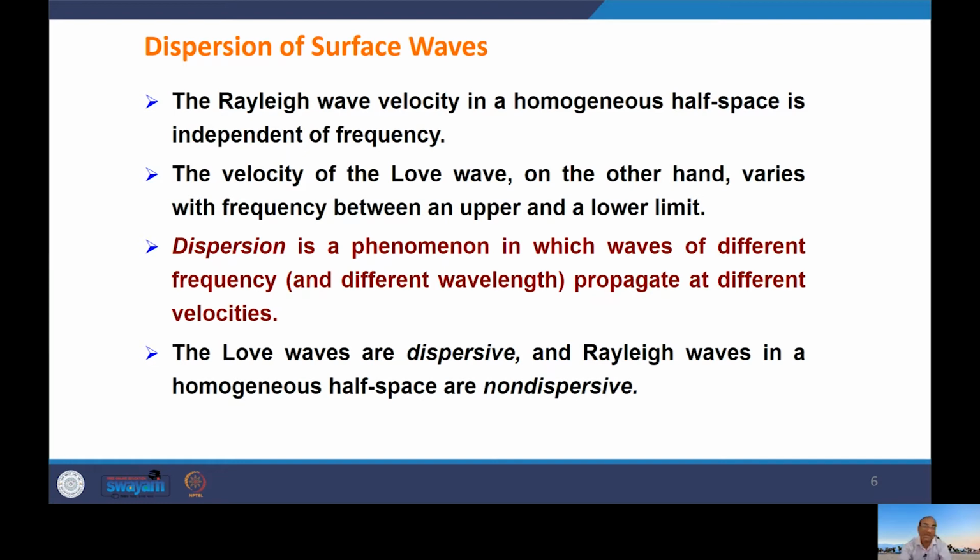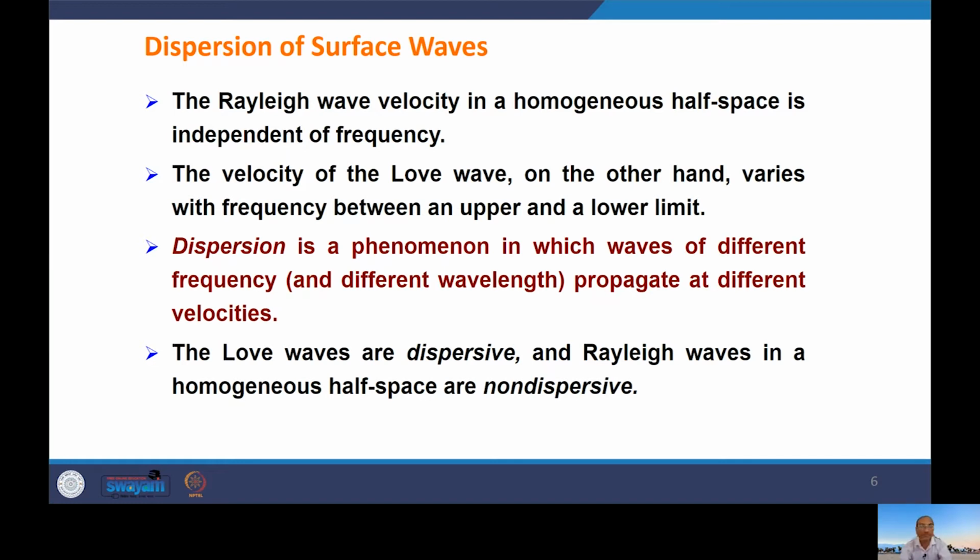Within the surface waves, Love waves will be dispersive irrespective of whether they travel in a homogeneous or heterogeneous medium. But Rayleigh waves are dispersive in a heterogeneous medium, while in a homogeneous medium they are non-dispersive. That means there is no change in their wave velocity with frequency if they travel through a homogeneous medium.